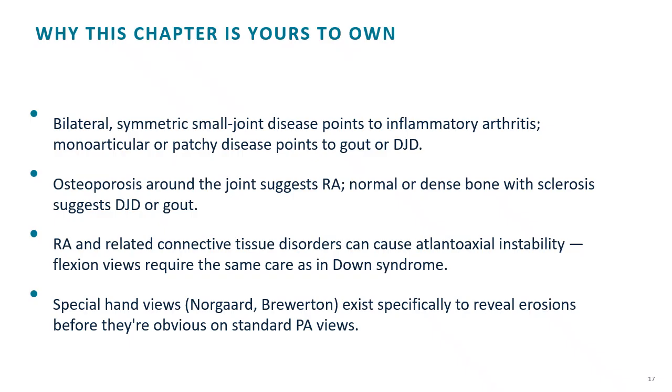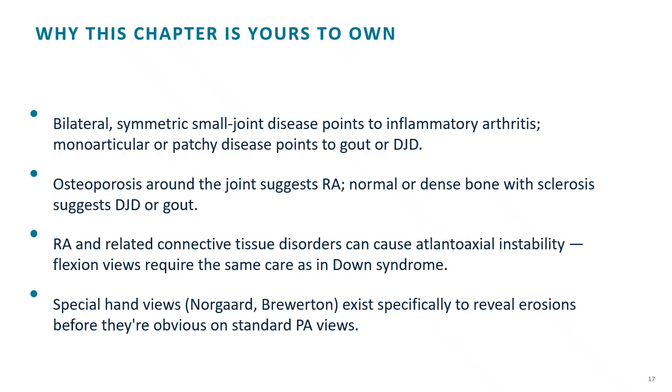A single inflamed joint, irregular patchy distribution, or disease concentrated at a weight-bearing surface points more towards crystal deposition or degeneration. Second, we want to look at the bone around the joint.